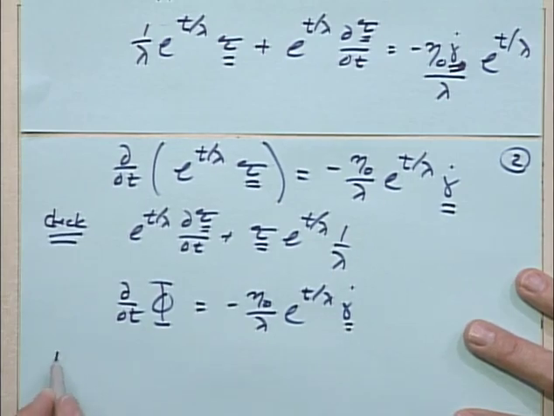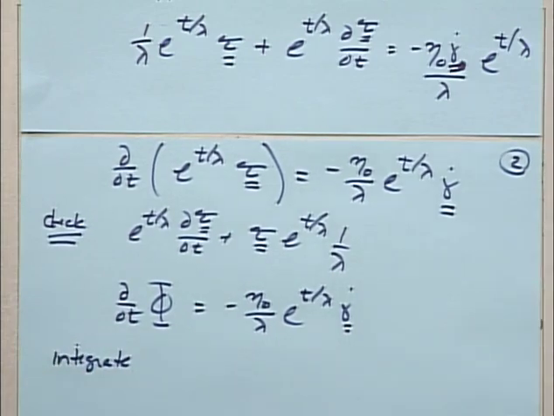Now I'm going to integrate, and the question is over what limits should I integrate this? And because we're dealing with fluids with memory and the time dependence, I want to add up all the effects from infinitely far back into the past up to the present time.